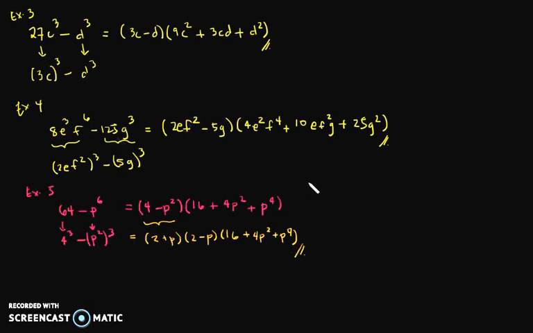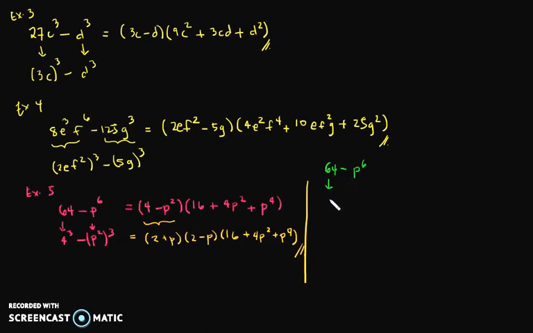Or another way of solving this, let me change my color. Okay, so if I have here 64 minus p to the 6, I will first transform this expression into a difference of two squares expression.